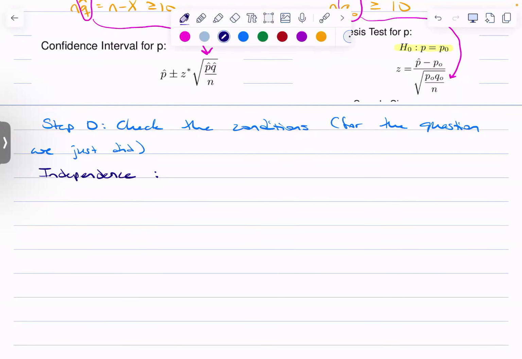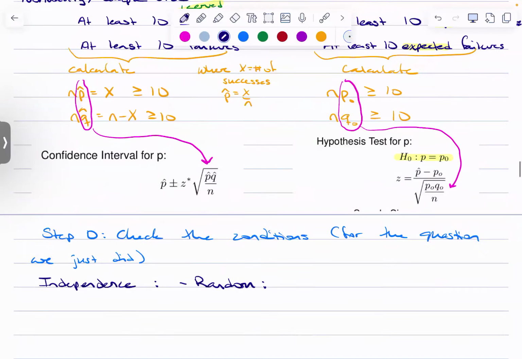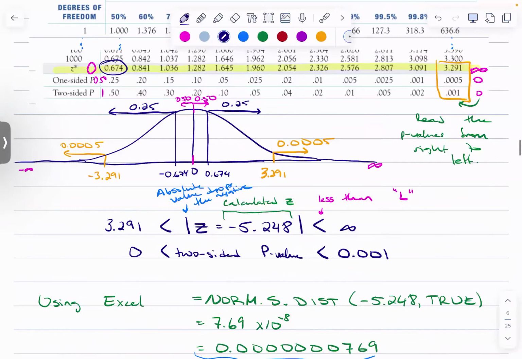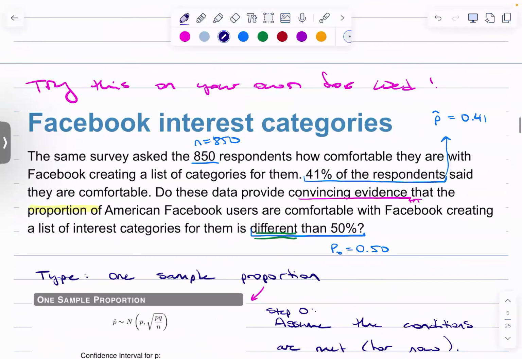We'll start with the independence condition. I'll scroll way back up, I guess. Should have copied the whole question there. Same survey asked 850 respondents. Now, it doesn't explicitly say in this question here if they were randomly sampled.